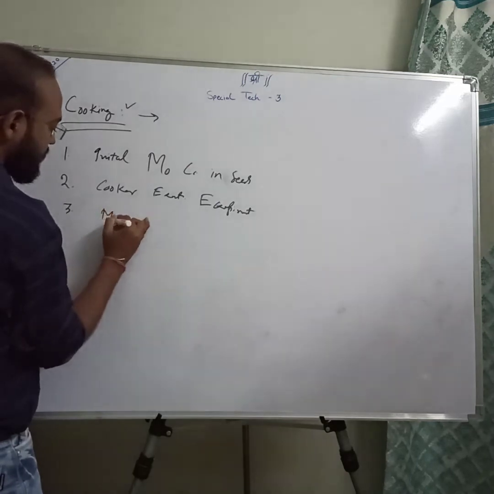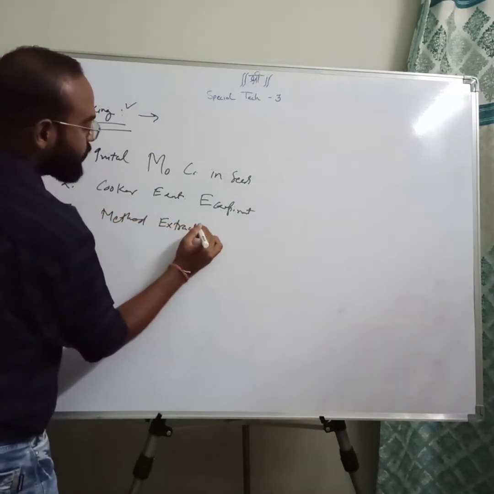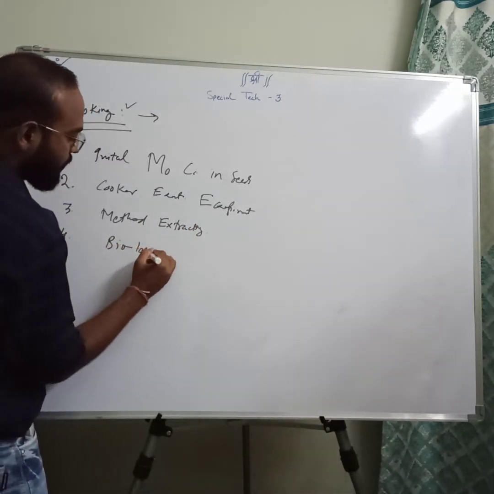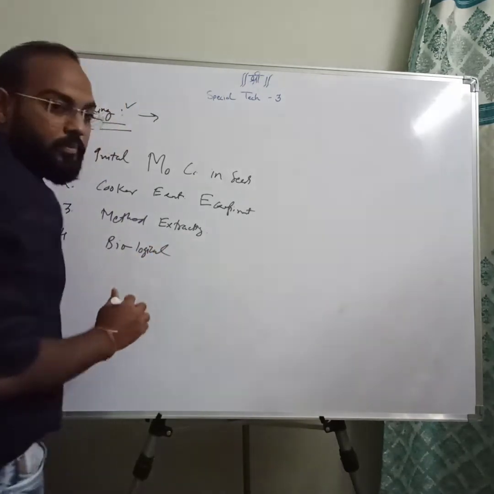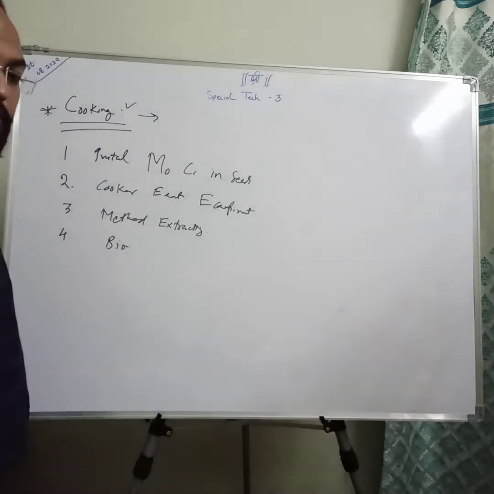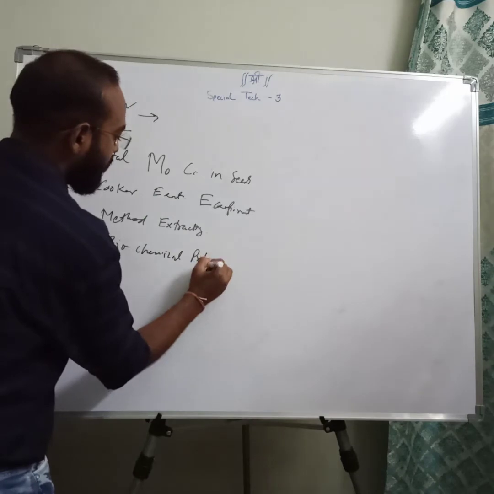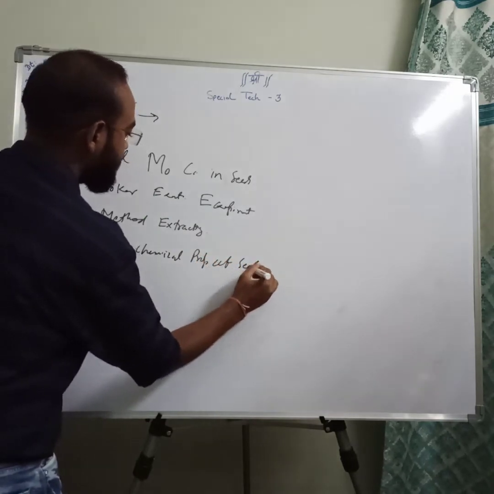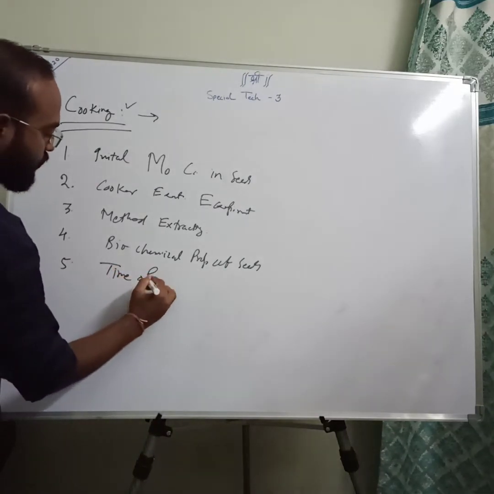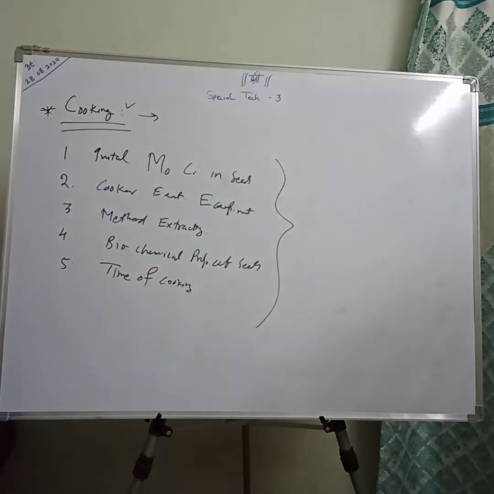Third one is which method of extraction you are going to use. Fourth one is biochemical properties of your seeds. And fifth one is, I think, time of cooking. Your cooking operation completely depends on these 5 parameters.